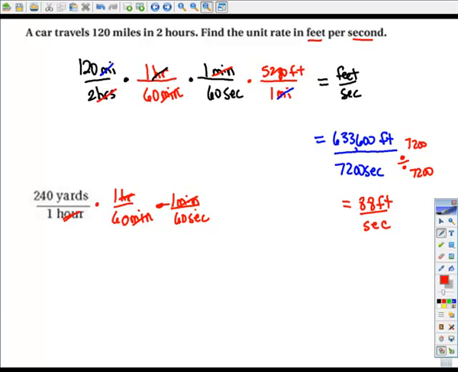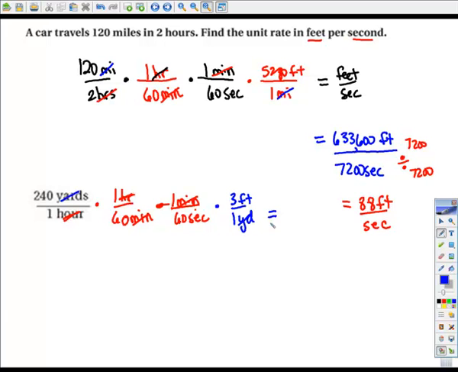Now I need to change my yards into feet. And I know that there's 3 feet in 1 yard. So I can cross off my yards, and now I have it in feet per second, which is what I'm aiming for. So I'll take 240 times 3 in the numerator.